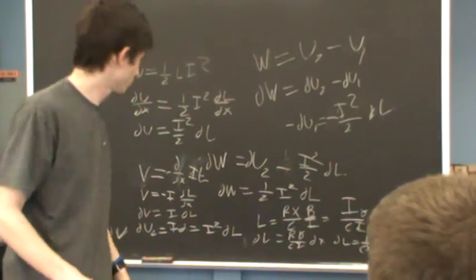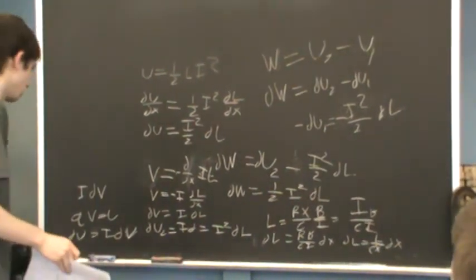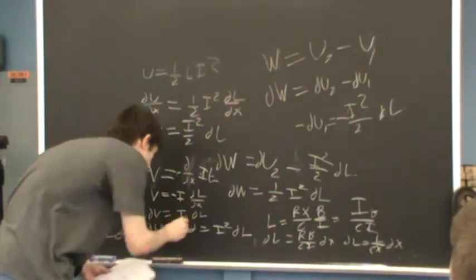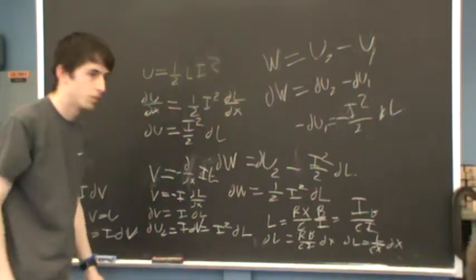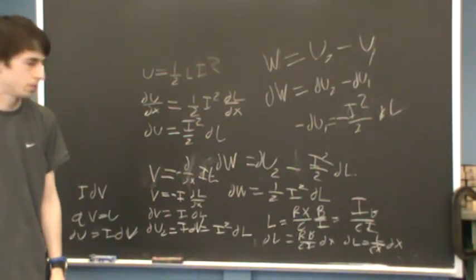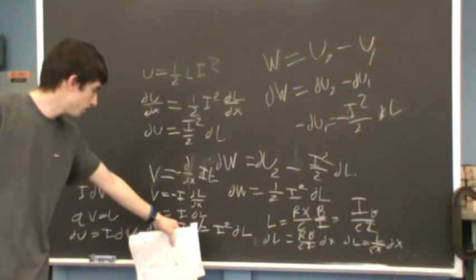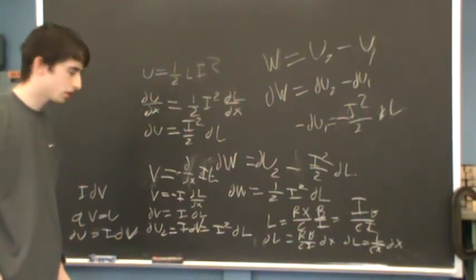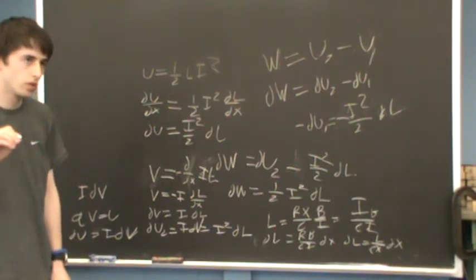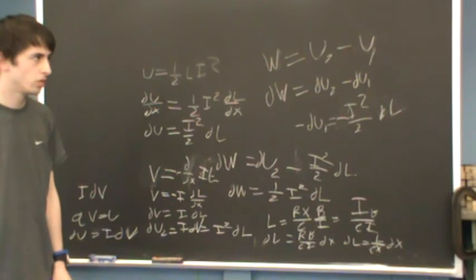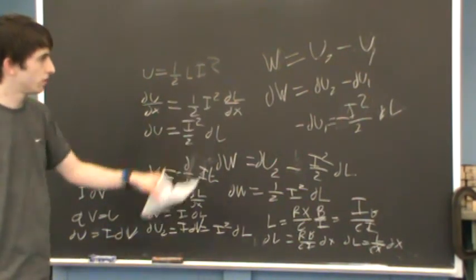What does it say right there? It says dU2 is equal to I, looks like an alpha, that should be equal to d. Might be W there. Whatever.